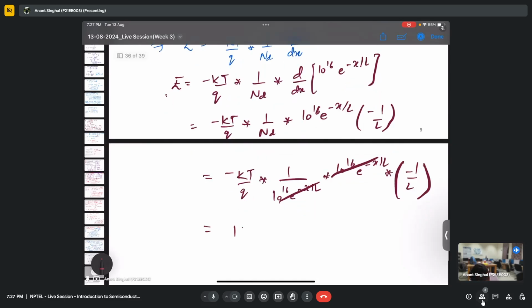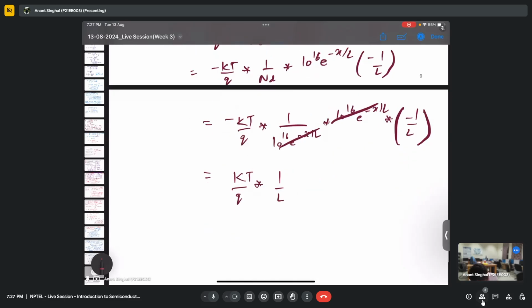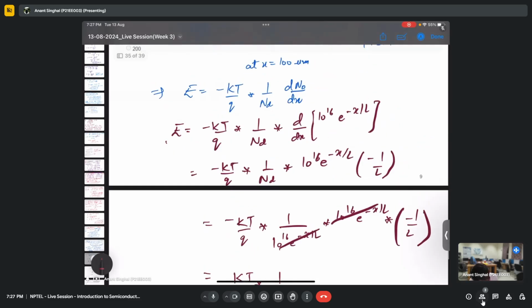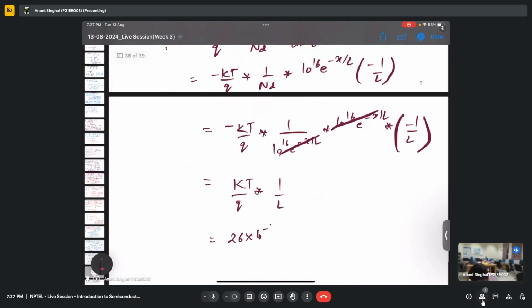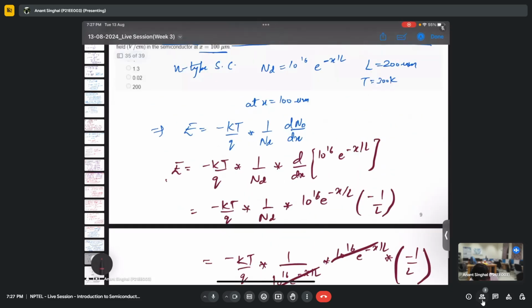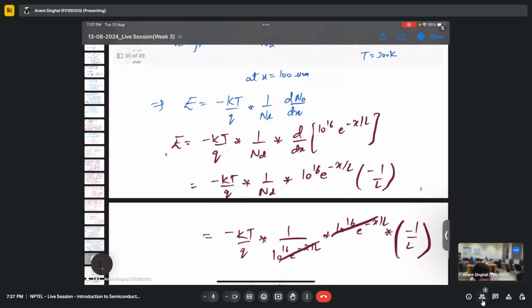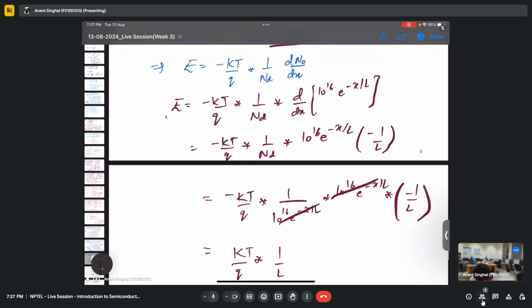What we are left with is kT by q times 1 by L. kT by q is 26 millivolts at room temperature, which we already know. We need to find this at x equals 100, but we are not worried about that.